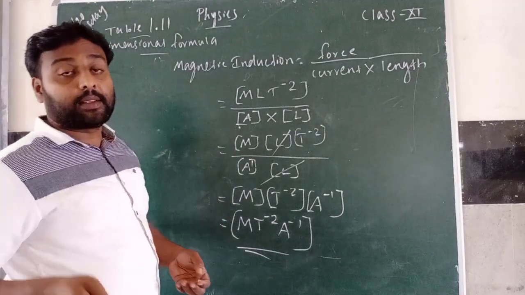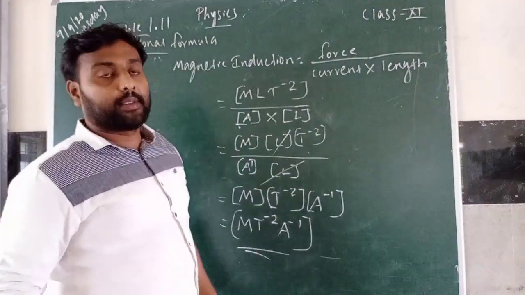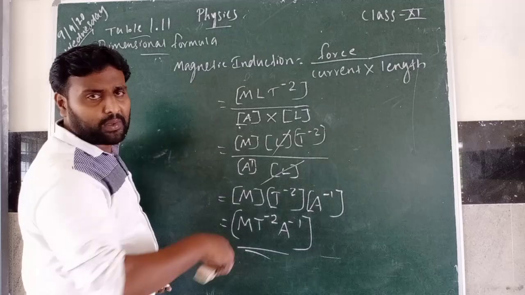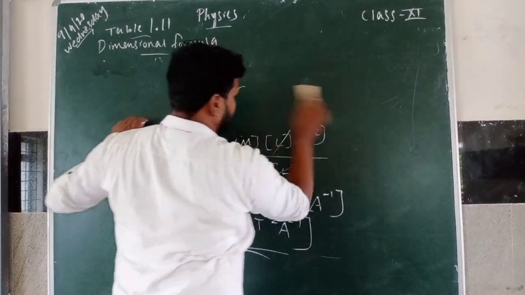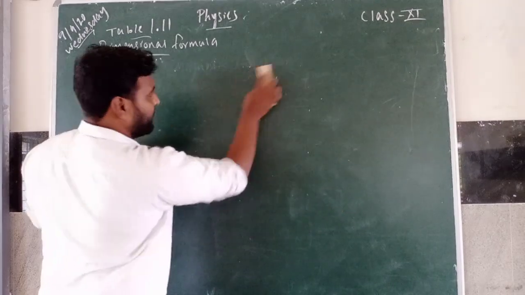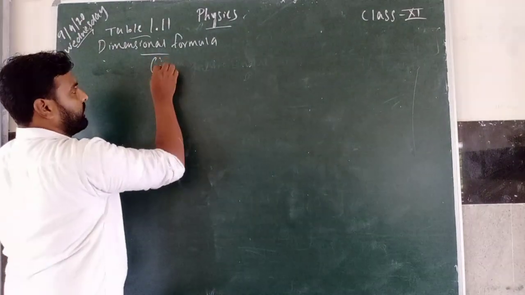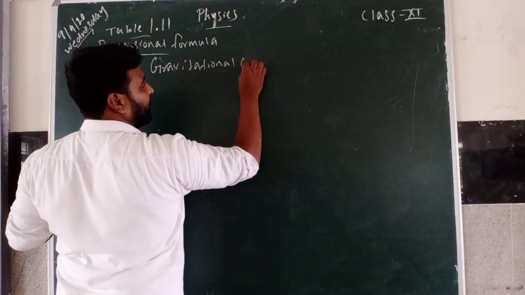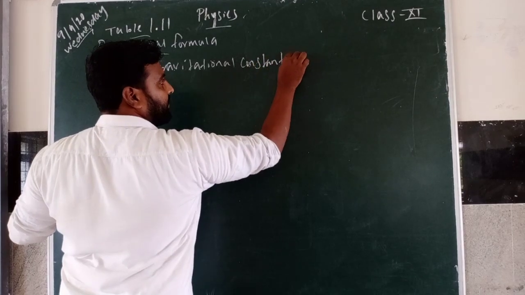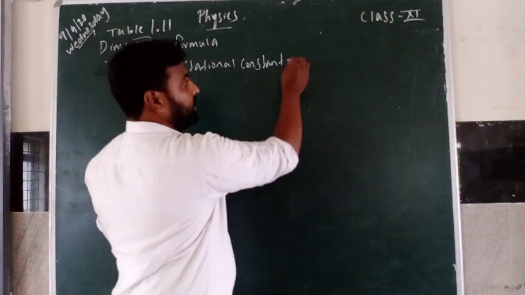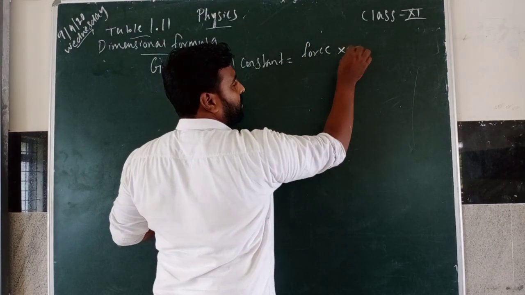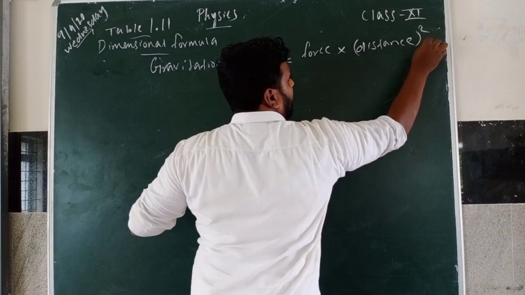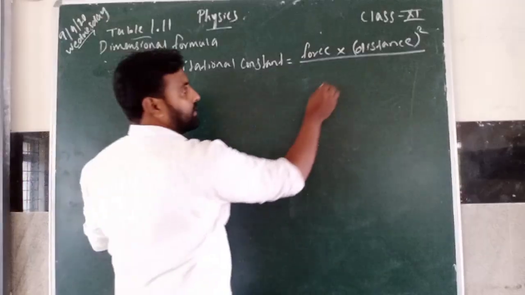Now one more last example. This is a very important one. In exams it has also been asked previously: gravitational constant. Same method only. You see, the gravitational constant G formula is force into distance square by mass square.